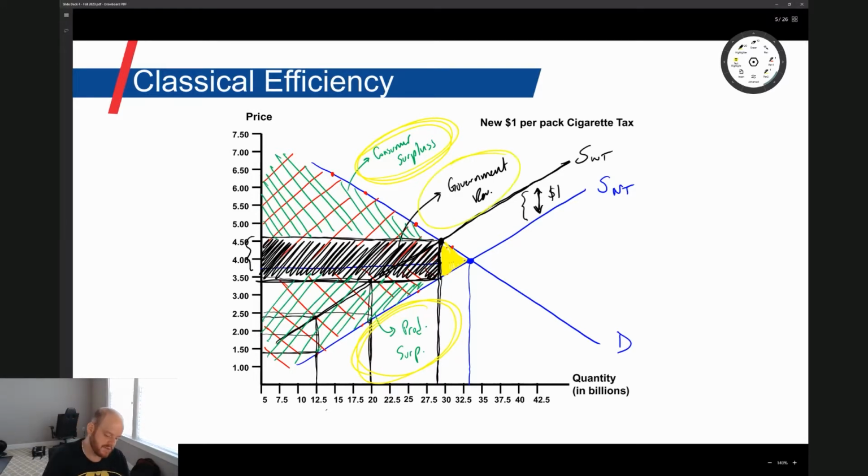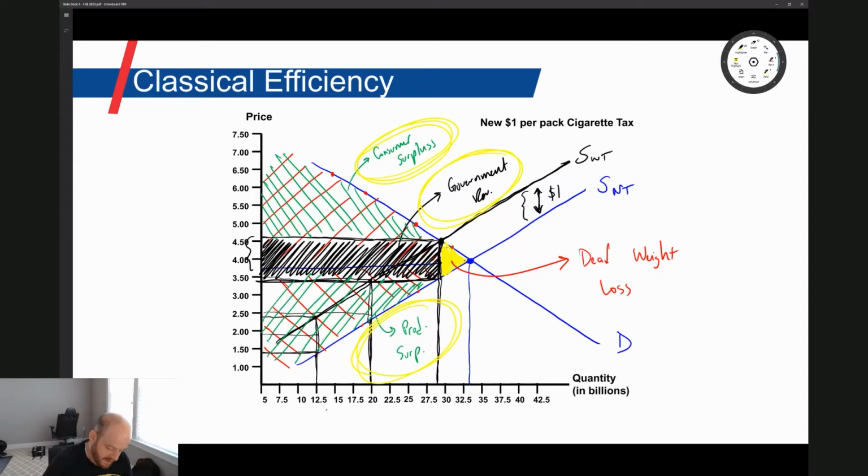And we have the governmental body extracting revenue. But no one is able to benefit from this area in red, and that is the area of dead weight loss. So that is the lost benefit from both the consumers and the producers. It just vanishes due to the implementation of this $1 excise tax on cigarettes.